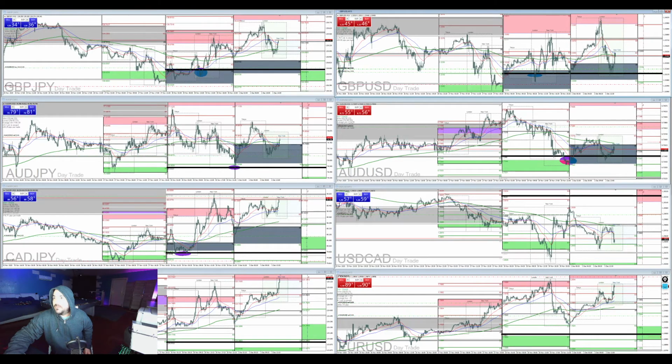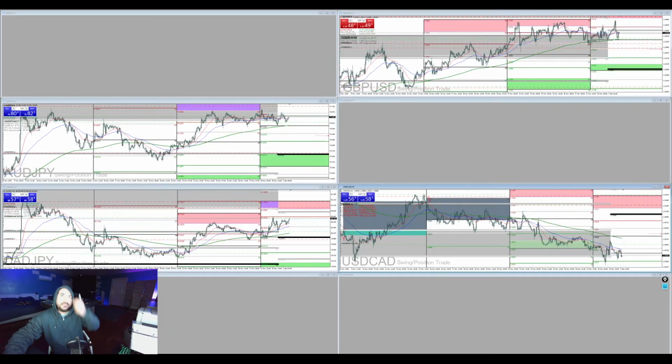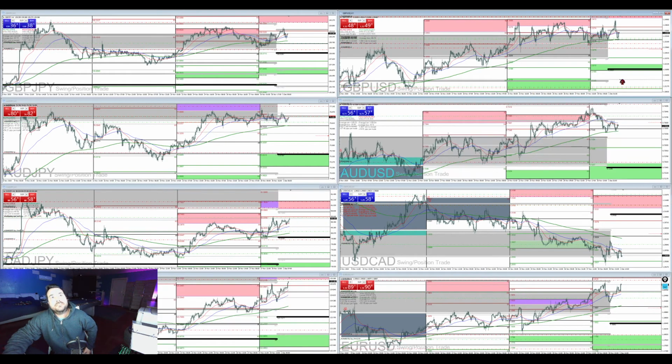And I don't have no more closes. Let's go to swing trade full pivots. I already moved all of my stops for my swing trades, but I have not been able to for my position trades.